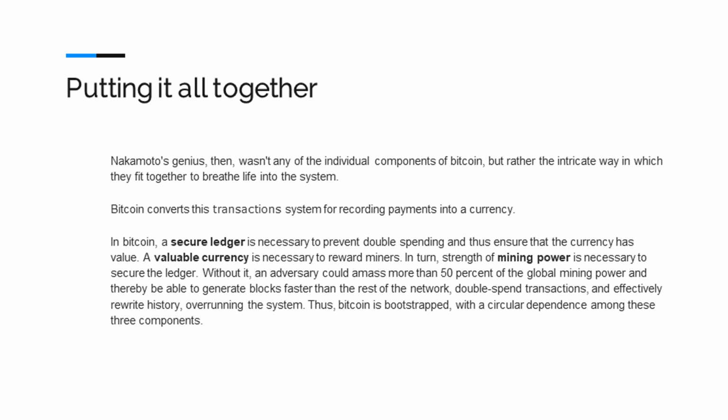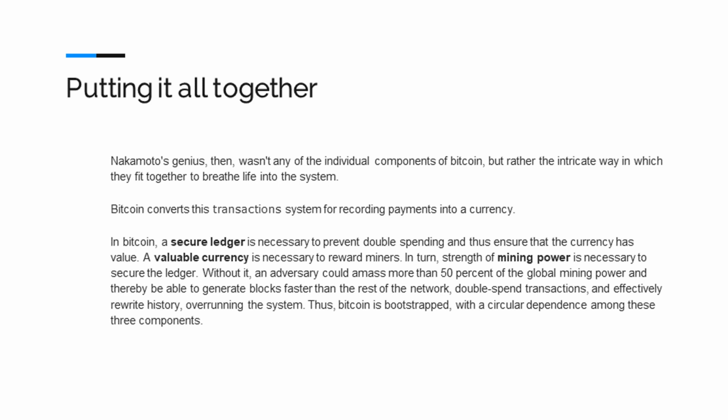In Bitcoin, a secure ledger is necessary to prevent double spending and thus ensure that the currency has value. And a valuable currency is necessary to reward miners. In turn, the strength of mining power is necessary to secure the ledger.